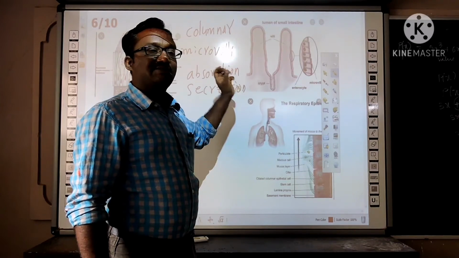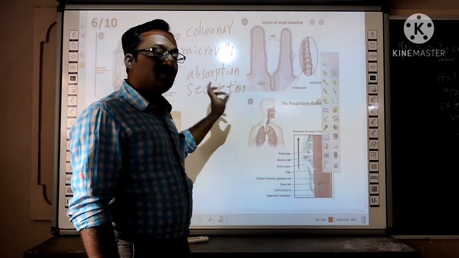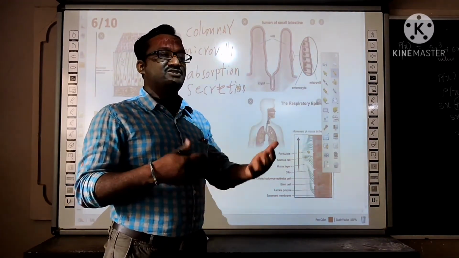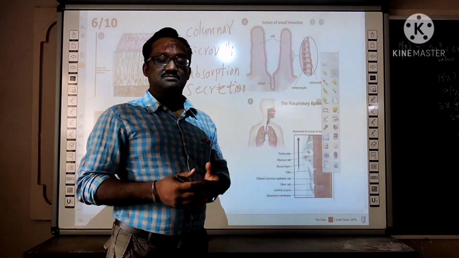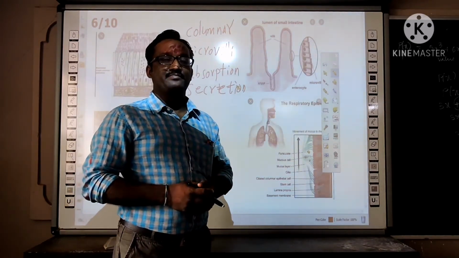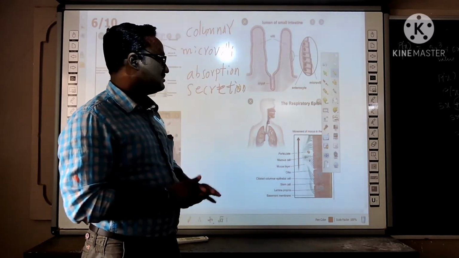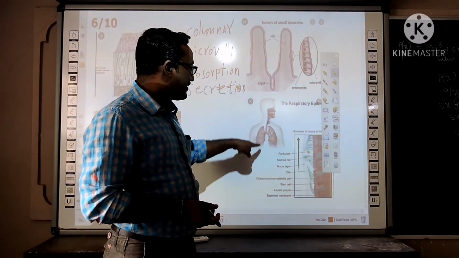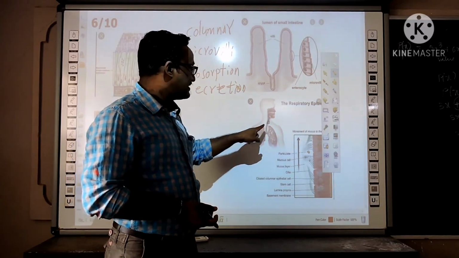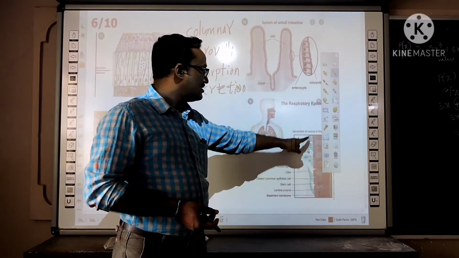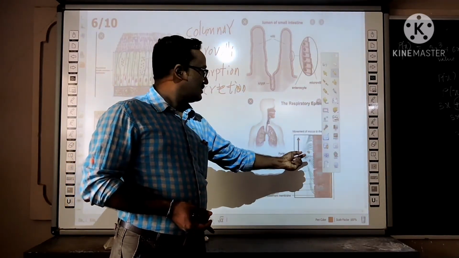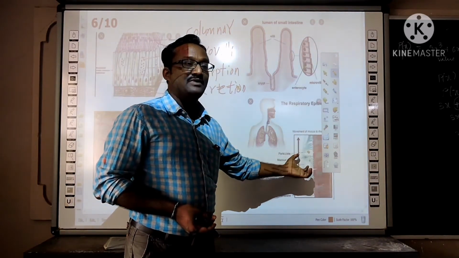So columnar epithelium is also present in organs which do secretion, like glands. For example, the liver and pancreas are glands. They release substances. Releasing is called secretion. They are also present in the bronchioles of the lungs. Bronchioles consist of columnar epithelium along with cilia.